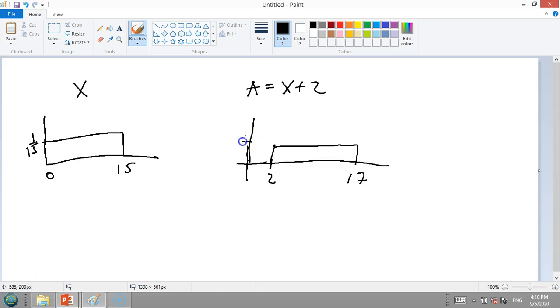This is also going to be 1/15. The height will stay the same because everything has just shifted to the right. What is the mean? The mean is 7.5 here, and here it should be 9.5. The variance stays exactly the same, and so does the standard deviation.